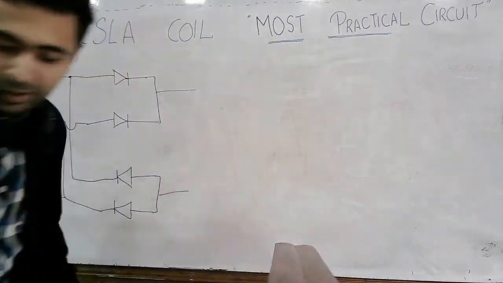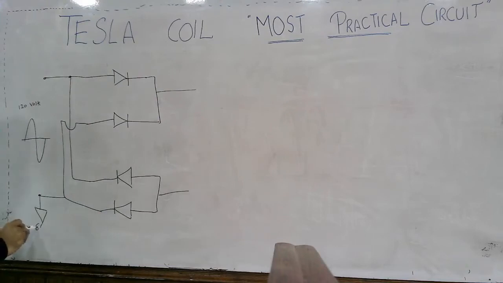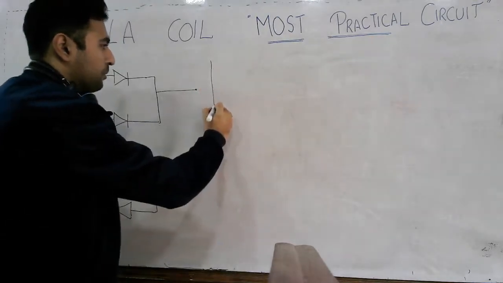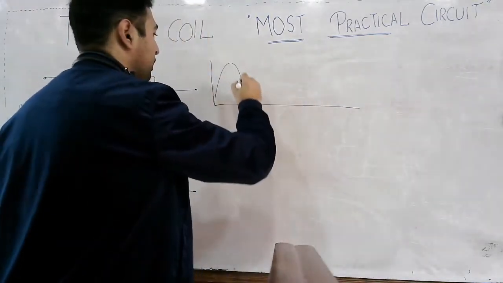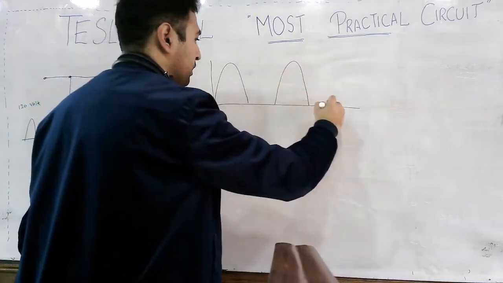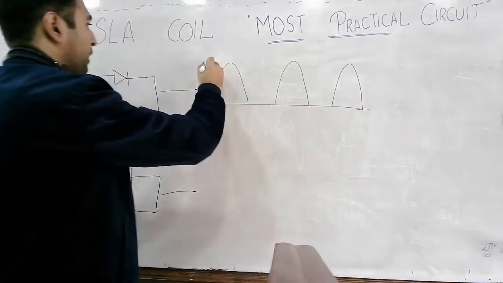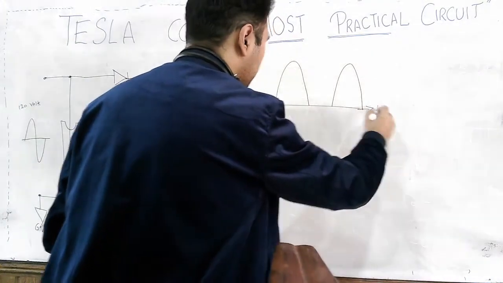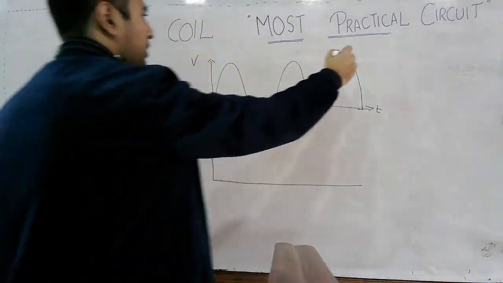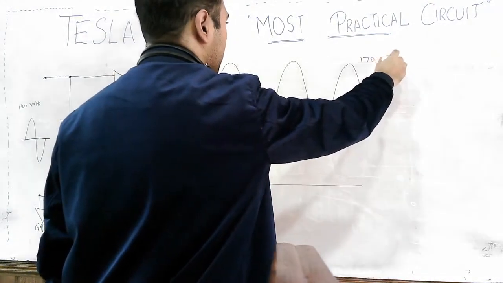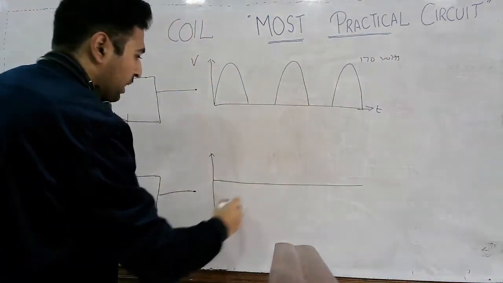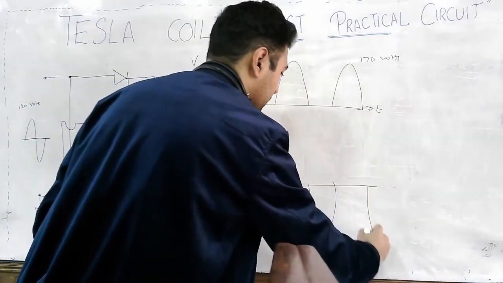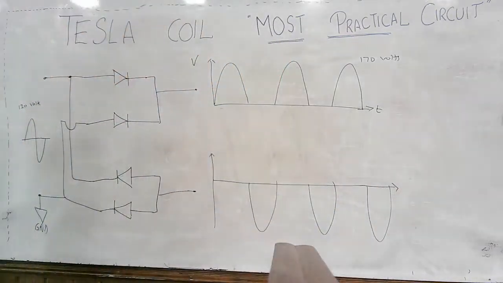At this point, with respect to the ground here, on this side we will be getting only the positive part of this waveform, and here this is the time axis, this is the voltage axis, and the peak will be around 170 volts, because you get the peak voltage here, ideally 170 volts. And here you get the negative parts of that voltage.